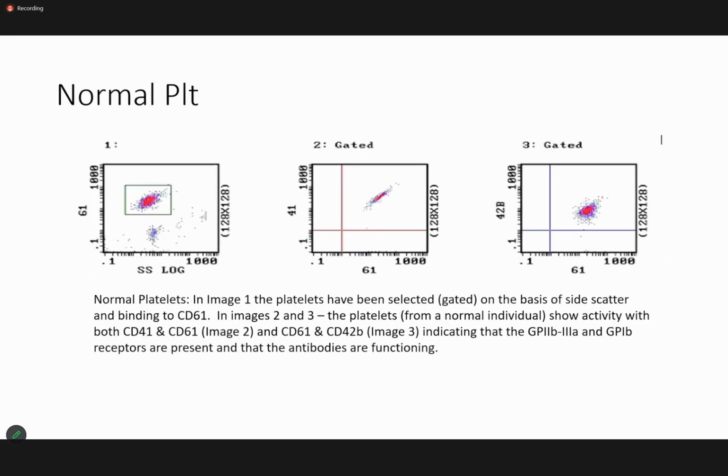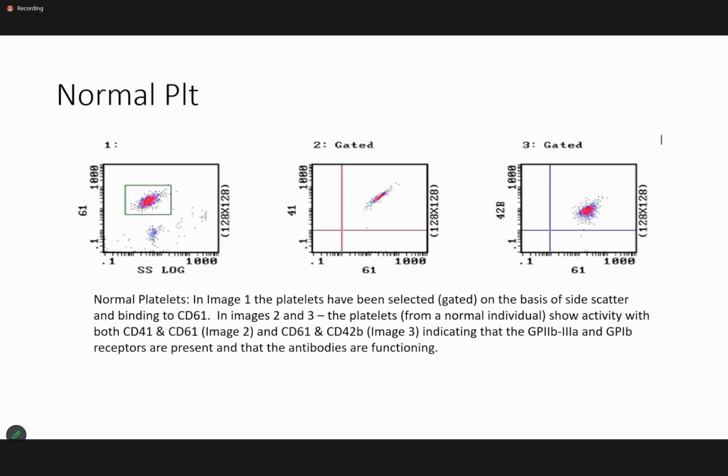Now, just to show you again, a normal platelet has a normal expression of GP3A and also GP1B. They will be positive towards CD61, 41, and 42B.